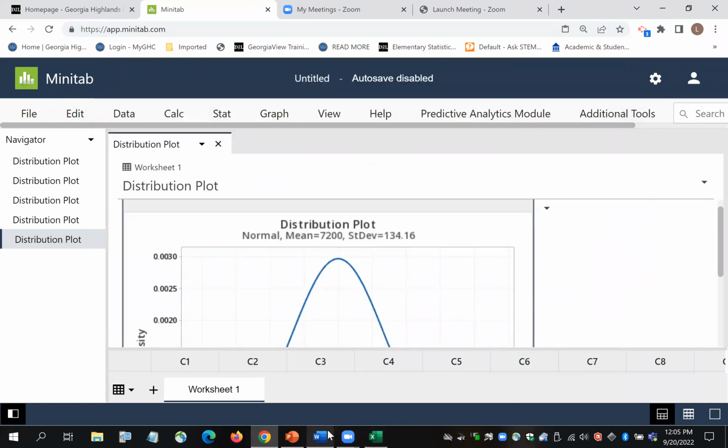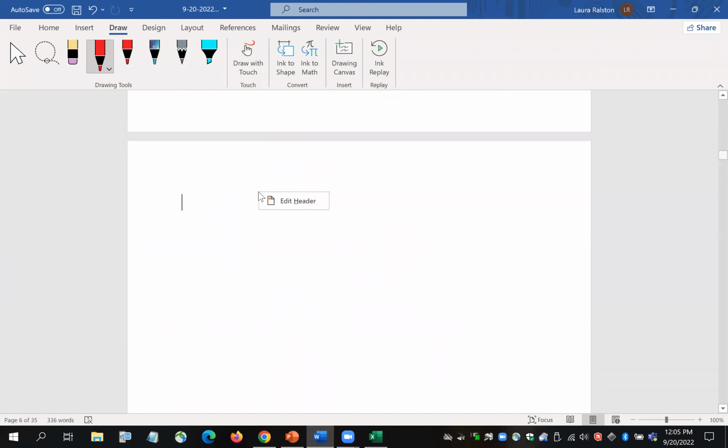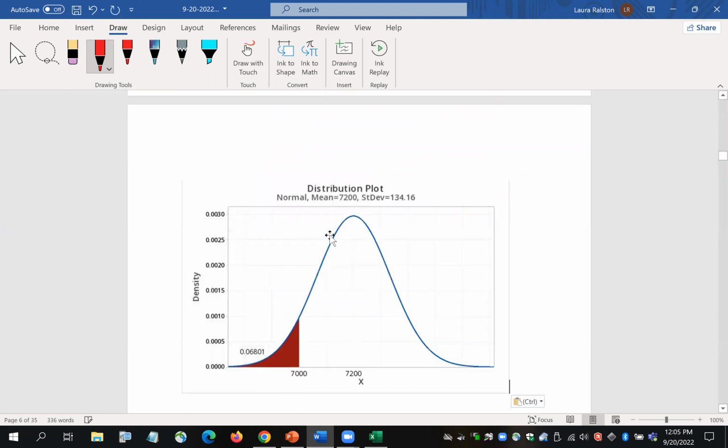And we get our graph, which I am copying so you can see it. Okay, so here's the graph. Again, we're looking for this area under the curve, which is the number hanging out in the space. So it's 0.0680.